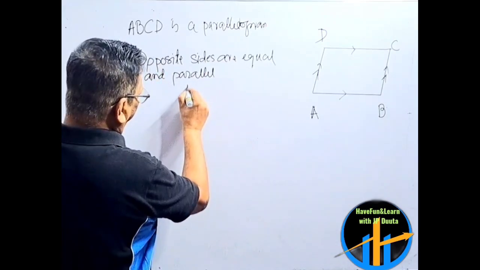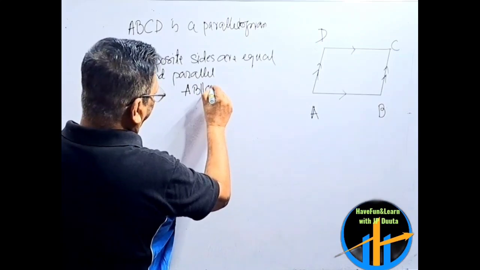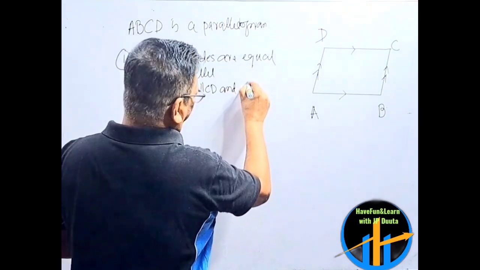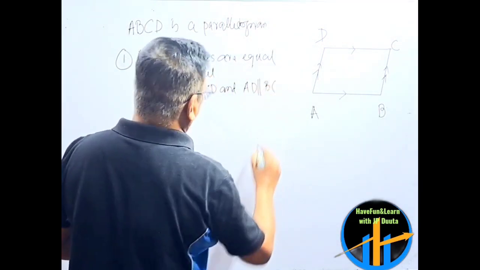So here AB is parallel to CD and AD is parallel to BC.